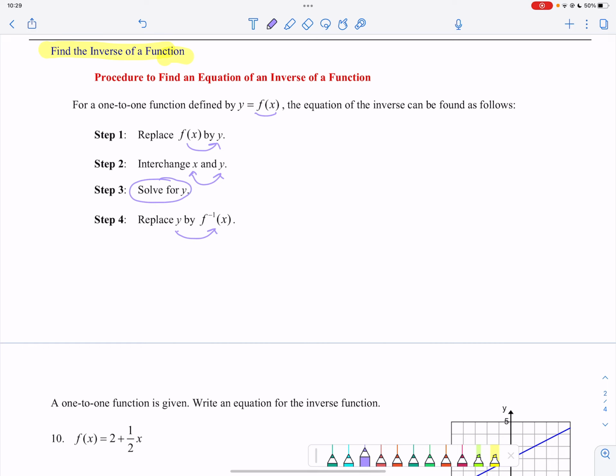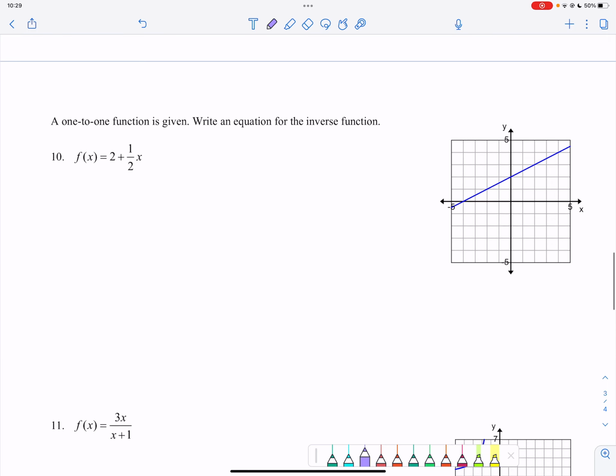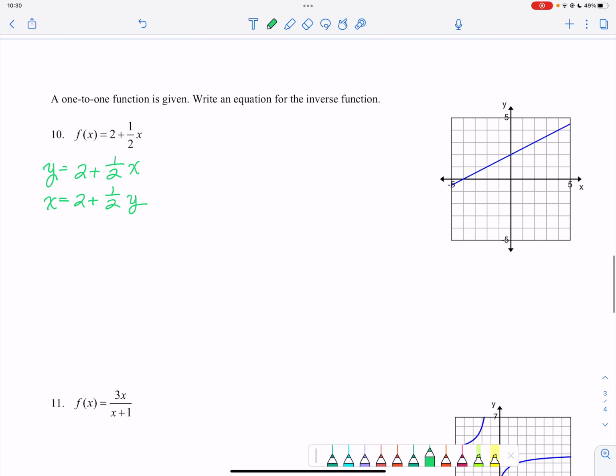Okay, so let's begin with this first one. We'll let f of x equal y. We will interchange x and y. And now we're going to solve for y.